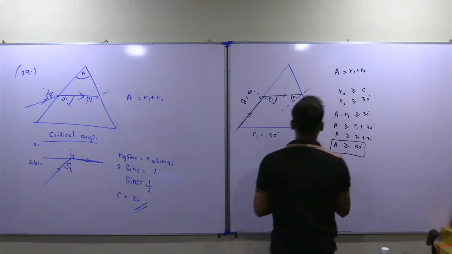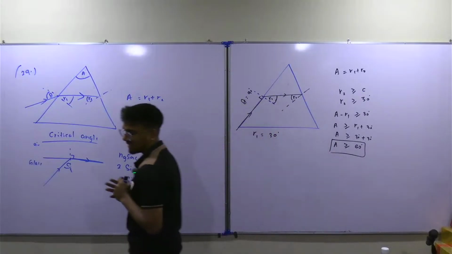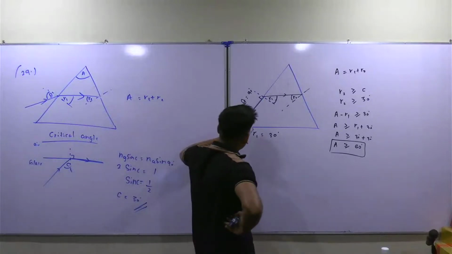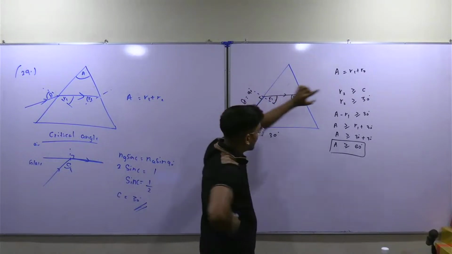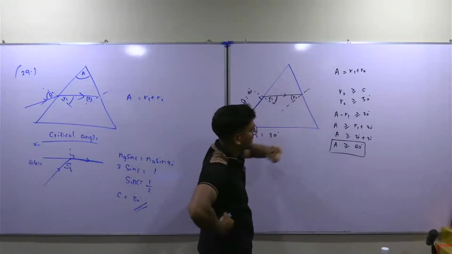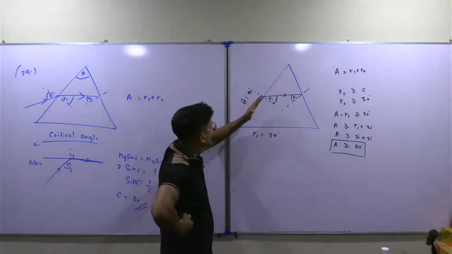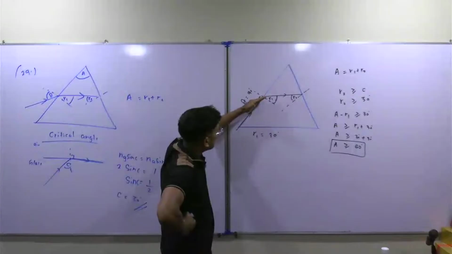Now, the other thinking is, when the angle of incidence is 90, if this condition is satisfied, the ray doesn't emerge. What can you say about the other angles? Let's consider theta lesser than 90.